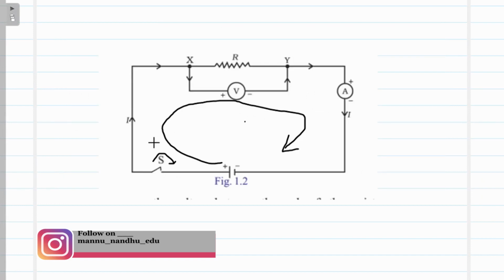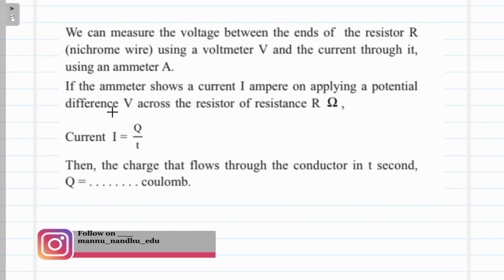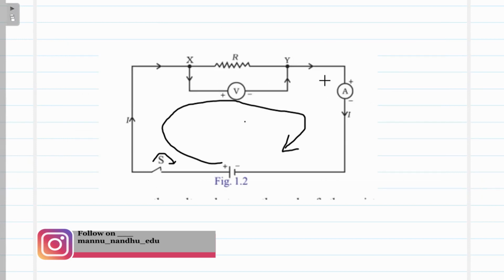That means, what are they telling? If the ammeter shows a current I on applying a potential difference V across a resistor, then the value the ammeter shows is determined by the potential difference and the resistance.